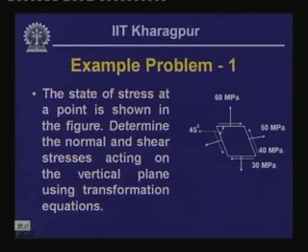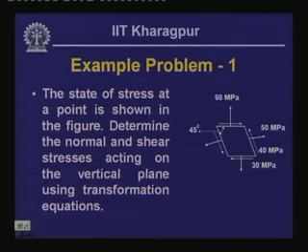Now, if we represent the stresses on any plane in a polar coordinate system, where the normal stresses sigma r, sigma theta and shearing stress tau r theta exist, we have seen how to write down the equilibrium equations.